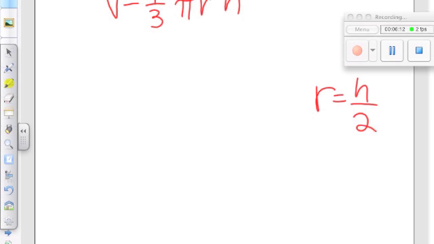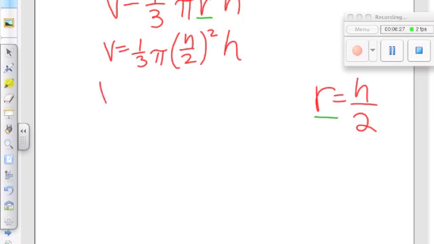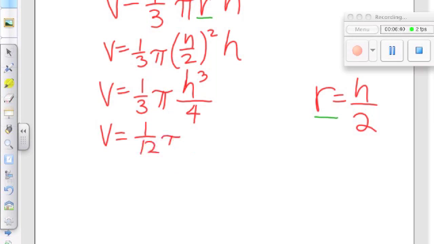So if I plug this into here, what I get is the volume equals 1/3 pi times (h over 2) squared times h. If I simplify, I get 1 over 3 pi h cubed over 2 squared, which is 4. If I simplify even more, I get 1 over 12 pi h cubed.